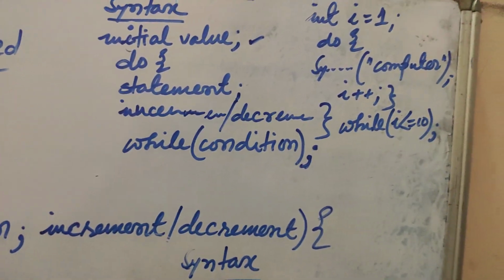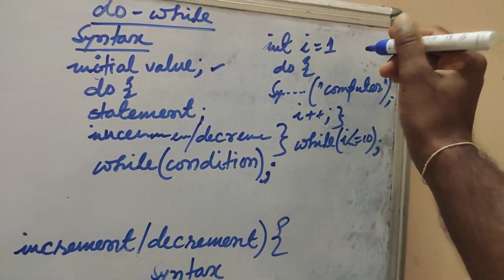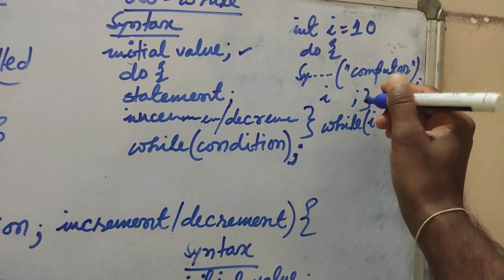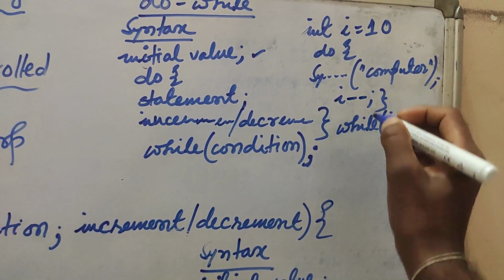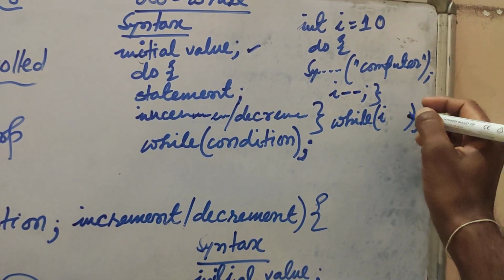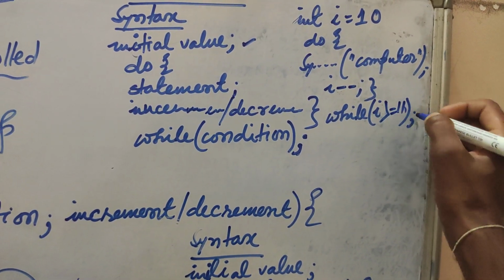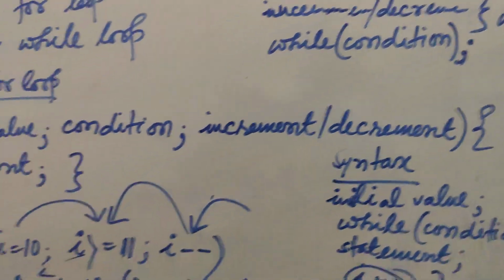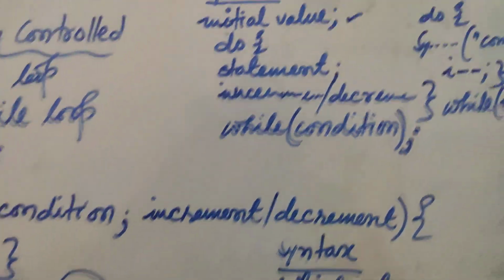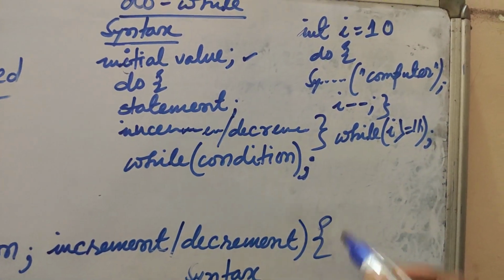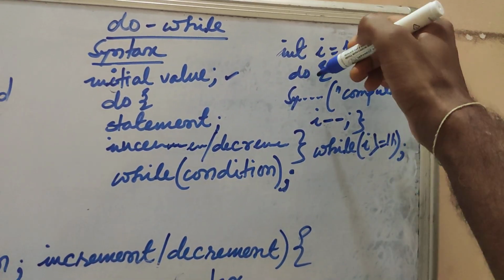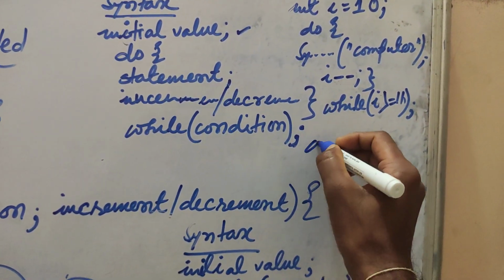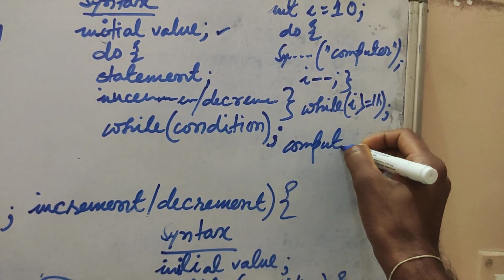But now this case: i equal to 10, do, i minus minus, while i greater than equal to 11. See this case what will happen? The other case gives no output, but here you will get the output once. See, i equal to 10, the body executes, the word computer displays on the screen.